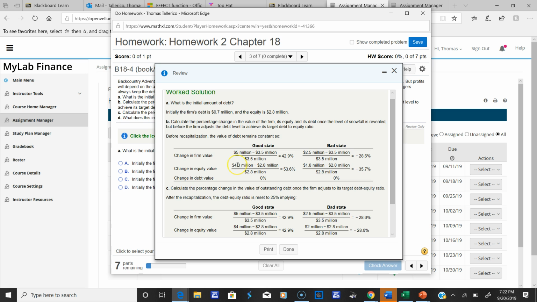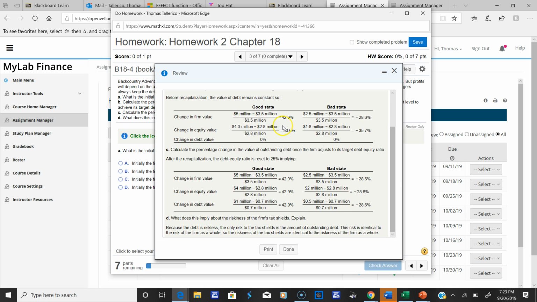Remember, you're keeping the 0.7 million constant, and you have a 5 million valuation, so that leaves 4.3. And here again, the same thing. You have 0.7 million debt, so now you have 1.8 million equity in a bad state, minus the original 2.8, so you're down 35.7%. And again, the debt value is held constant, not adjusted yet.